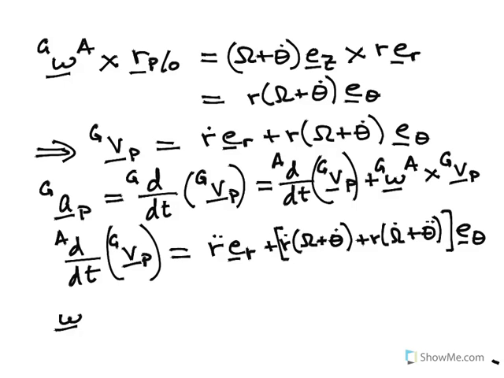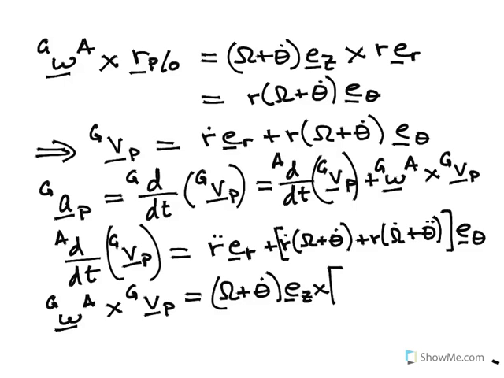And then the angular velocity of A in G crossed with Vp in G is going to equal omega plus theta dot Ez crossed with the velocity in G of point P, which is R dot ER plus R times omega plus theta dot E sub theta.